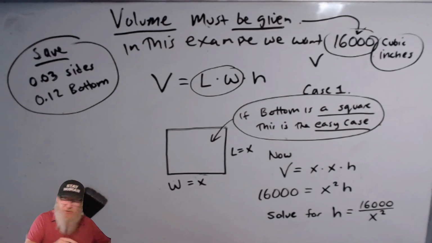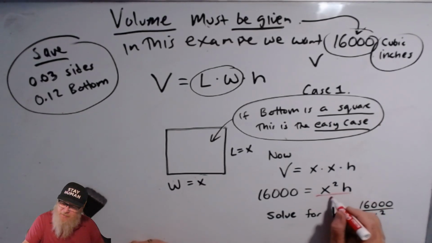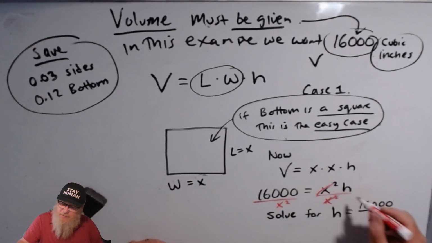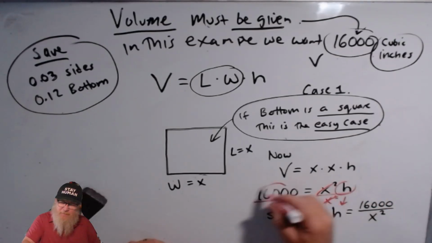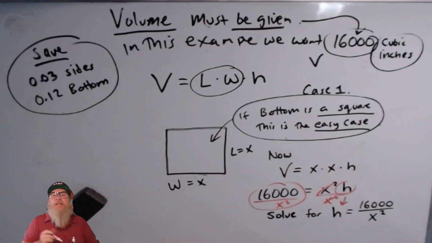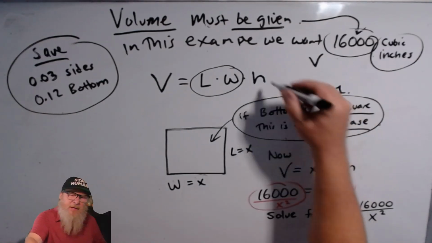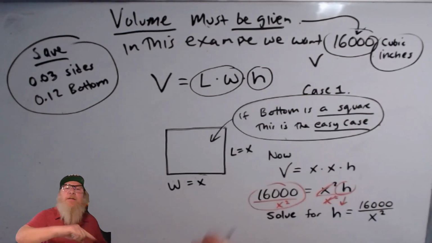Right? Here, let me show that. Divide both sides by X squared. Cancel, and get H all by itself. So H will be equal to 16,000 over X squared. Case 1. All right. Now, I will be able to plug that into here, right?